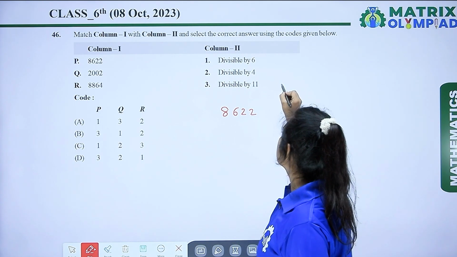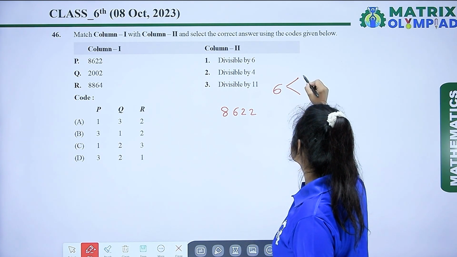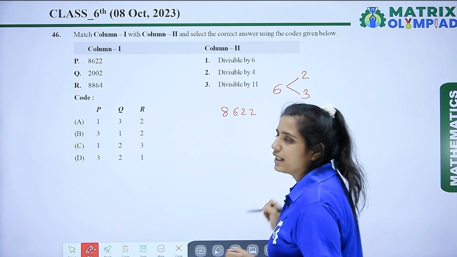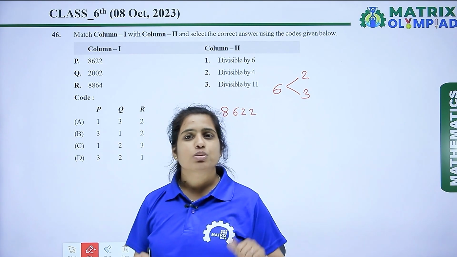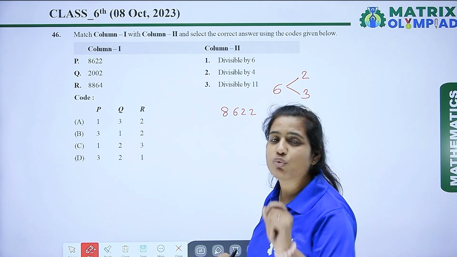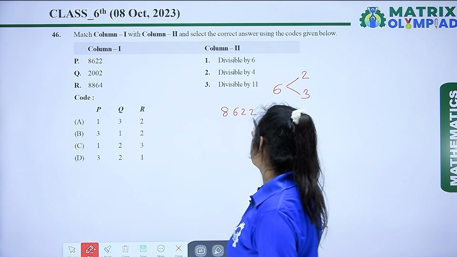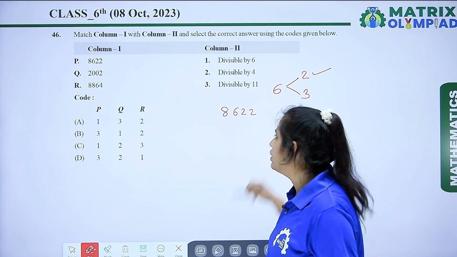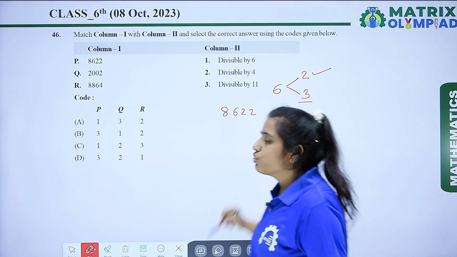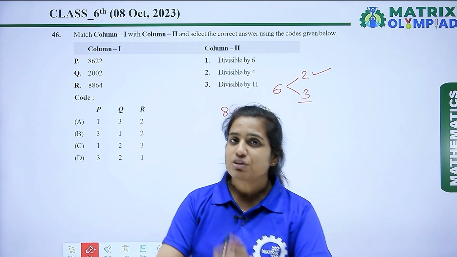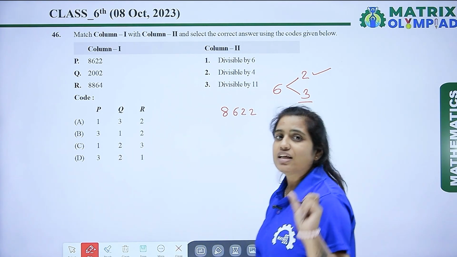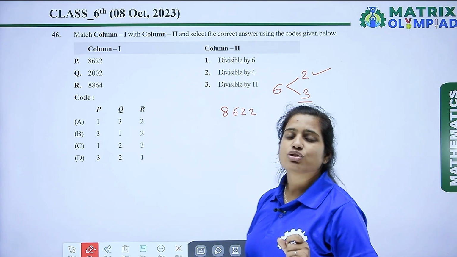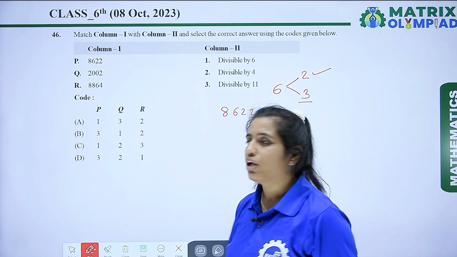8622, इसके लिए 6 का divisibility rule चेक करेंगे तो 6 के लिए हमें 2 और 3 का divisibility rule आना चाहिए. 2 का क्या होता है divisibility rule? लास्ट डिजिट या आपकी जो यूनिट प्लेस है वो क्या होनी चाहिए? इवन नंबर. So here 2 is an even number, तो आपका डिविजिबल है नंबर. नेक्स्ट इज 3. 3 का डिविजिबिलिटी रूल होता है कि सारे नंबर्स का जो सम है दैट शुड बी इक्वल टू द मल्टीपल ऑफ 3.